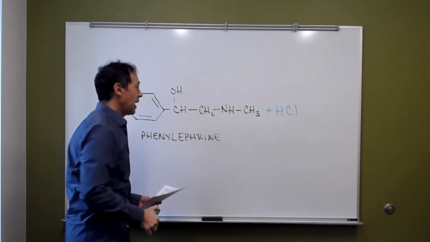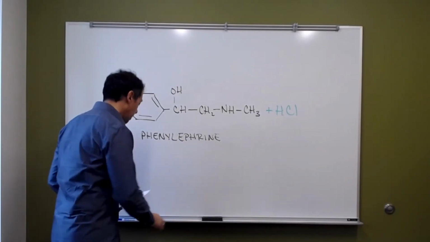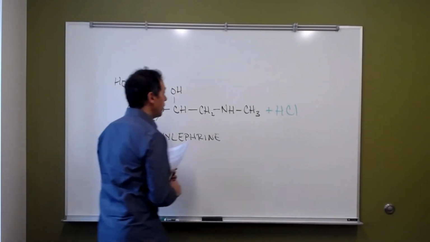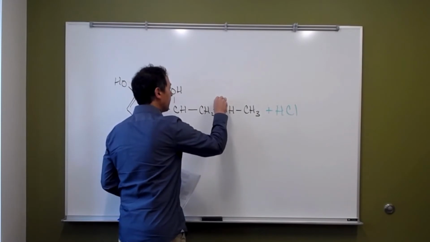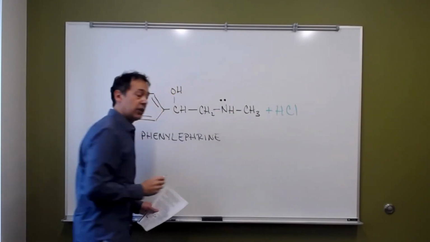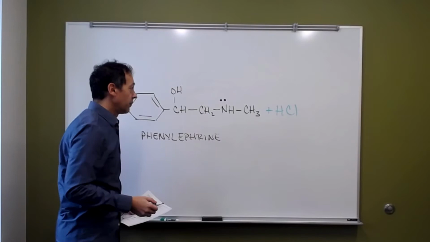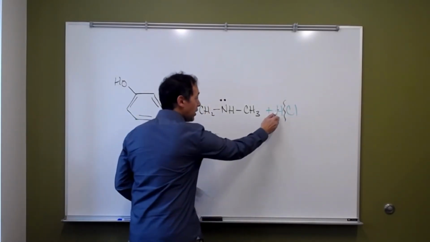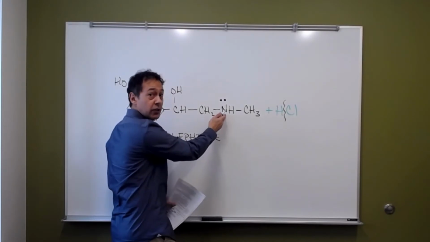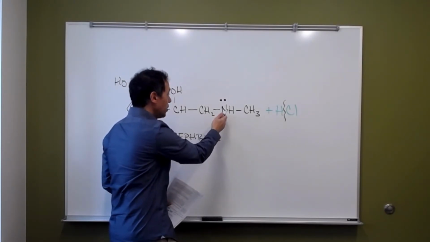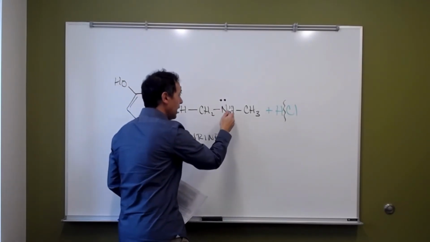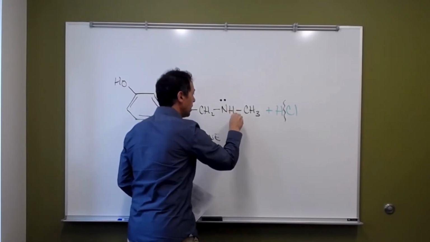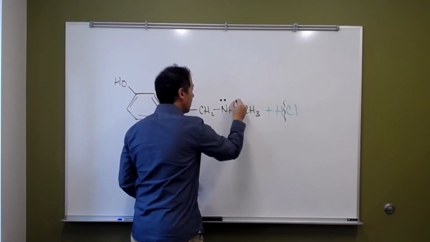So what ends up happening if we do that? Well, if we recall, there is a lone pair right there that's electronegative. And so we can break apart this HCl. The hydrogen will be attracted here to the nitrogen, and so this becomes NH2 with a little plus there.